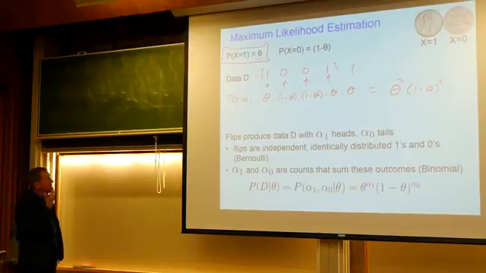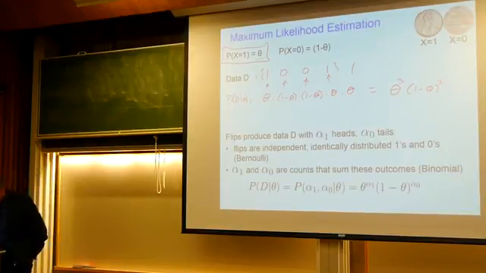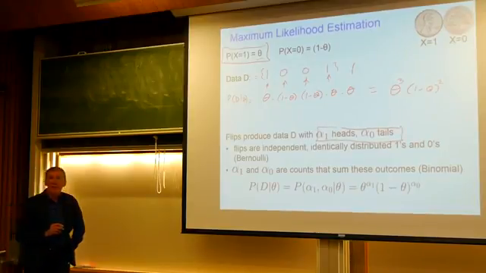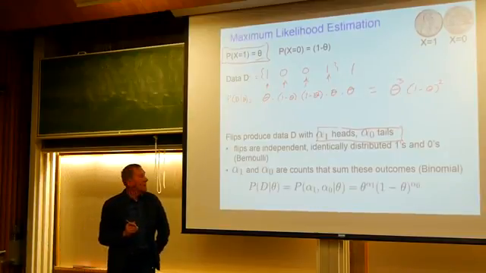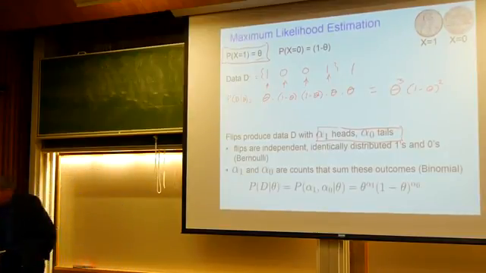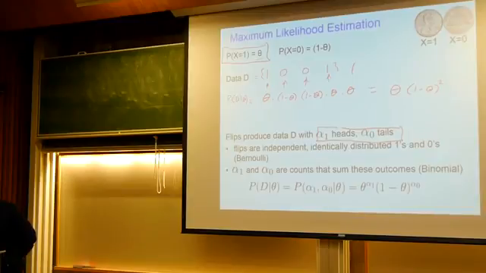Right? In fact, in general, if I observe alpha 1 heads and alpha 0 tails, what's the probability? Right. 3 here was just alpha 1 in our case. 2 here was just alpha 0 in our case.